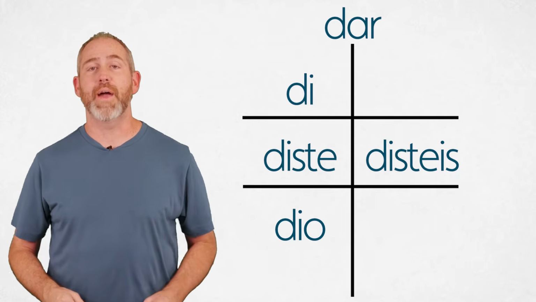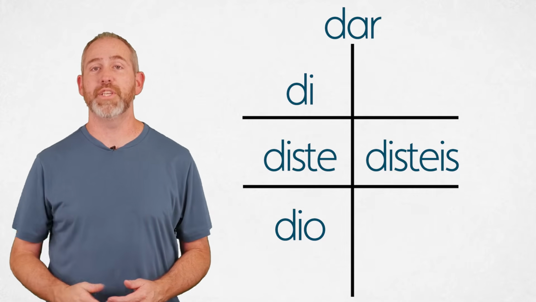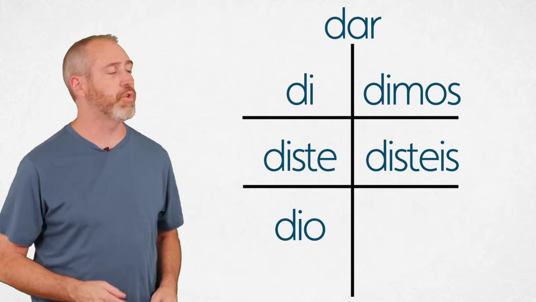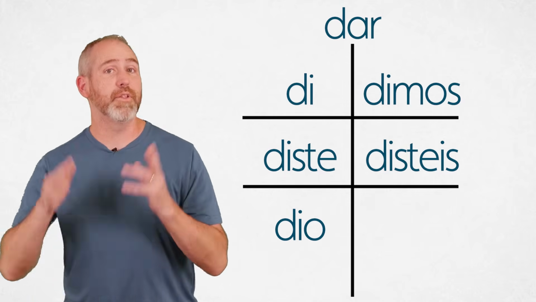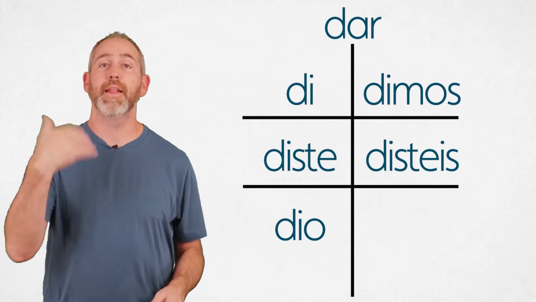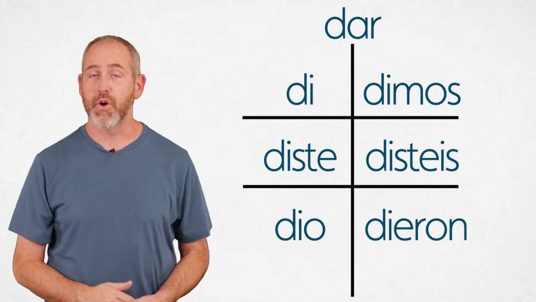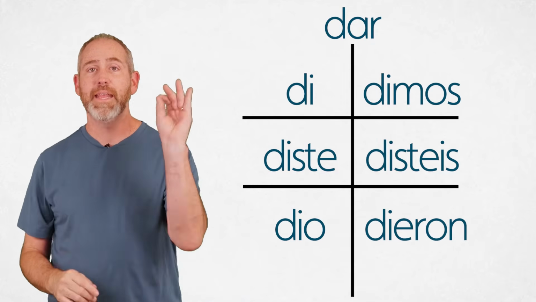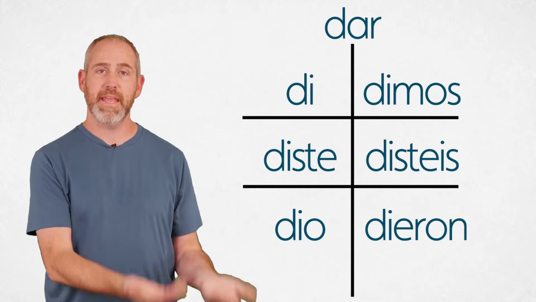And up on the top right, we have the nosotros form, which is dimos. And on the bottom right, we have dieron. All right, so we have di, diste, dio, dimos, disteis, dieron.